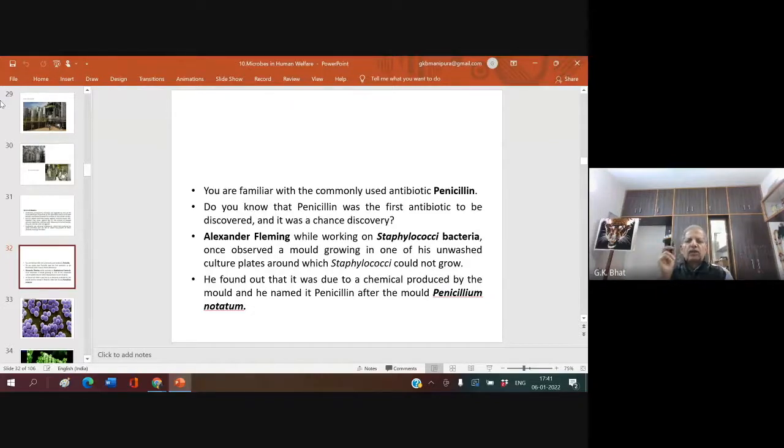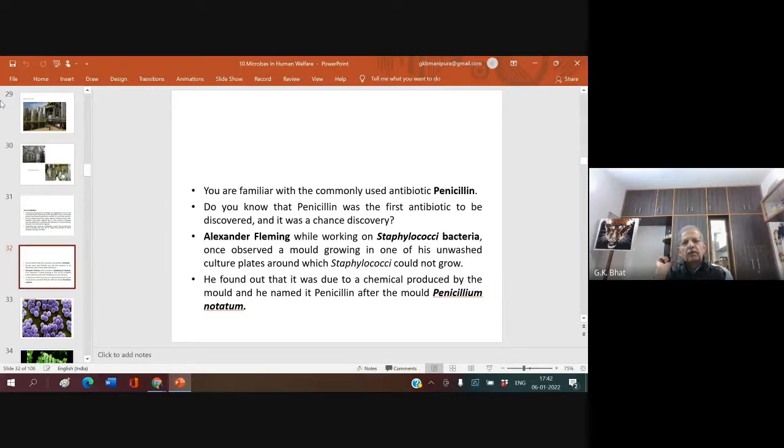And what he could see, he observed a mold, here a fungus, growing in one of his unwashed culture plates, around which the bacteria on which he was working could not grow. He was surprised why this bacteria Staphylococci did not grow in that plate where some mold was there.